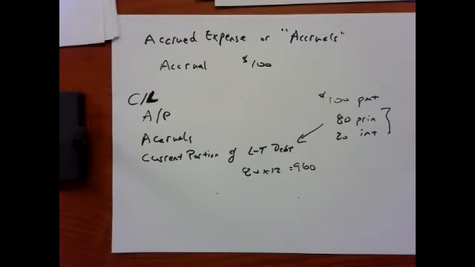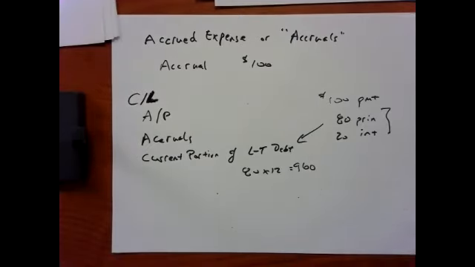If this was a 5-year loan with this constant arrangement of $20 in interest every month and $80 in principal, you'd be making 5 years' worth of payments. So that would be 960 times 5, so your total loan would be $4,800.